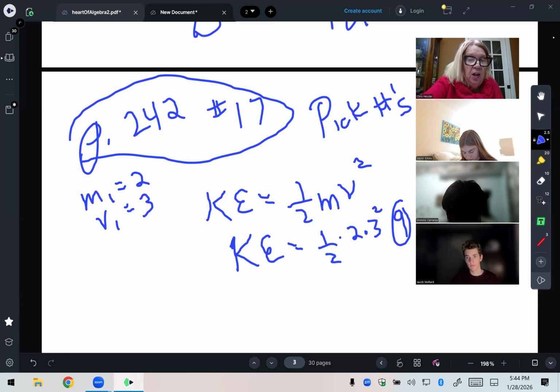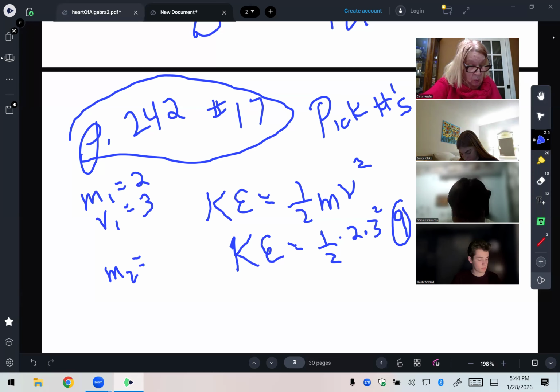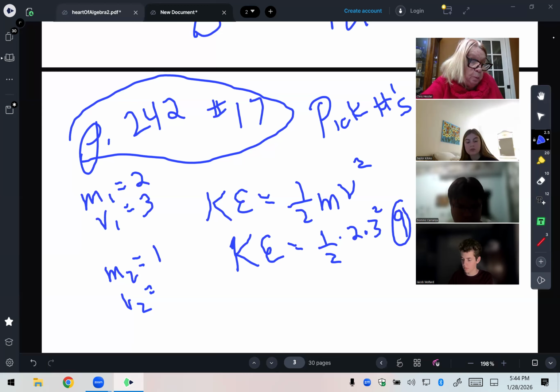Okay, now we're going to change it. So M2, what are we going to do to it? We're going to have it so it's only 1, but the velocity, V2, sorry, the velocity, what does it say? Double it.